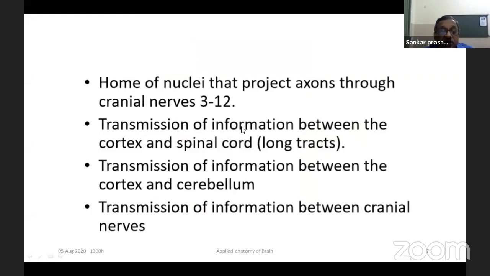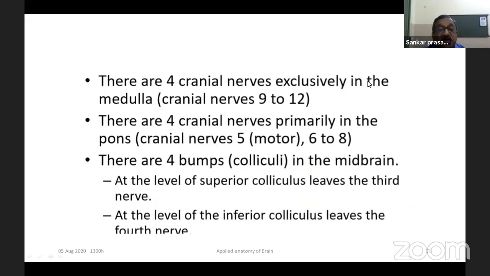The brainstem is a home of nuclei of cranial nerves that project axons through cranial nerves 3 to 12. There is transmission of information between the cortex and the spinal cord, between the cortex and cerebellum, and also between cranial nerves. So it is a relay station. Mostly the brainstem is a relay station.